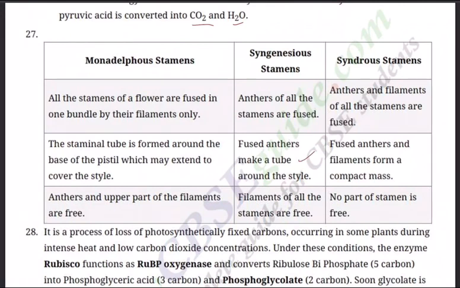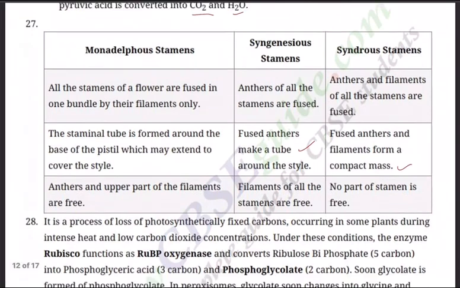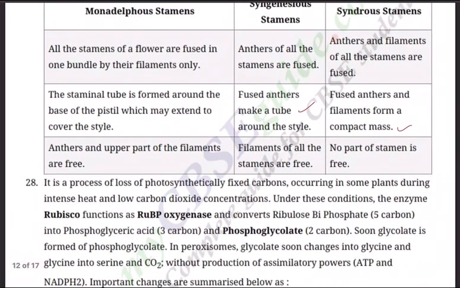Syngenesious stamens have fused anthers that make a tube around the style. In synandrous stamens, fused anthers and filaments form a compact mass. In monadelphous, anthers and the upper part of the filaments are free. In syngenesious, the filaments of all the stamens are free. In synandrous, no part of the stamen is free.